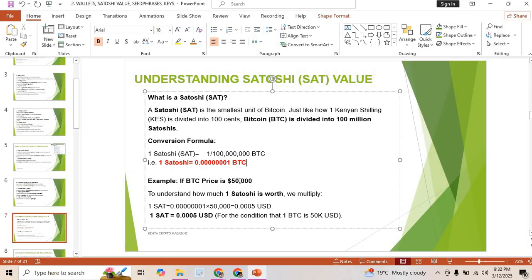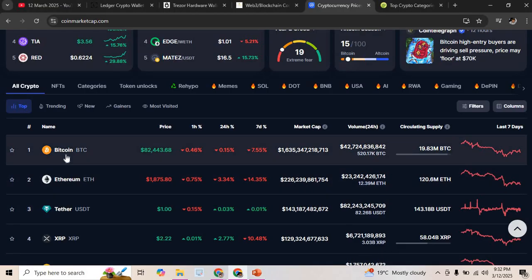If BTC price is 50,000, then what will be the price of 1 Satoshi? You take this value and multiply by the current price of BTC, which in this case is 50,000. So let's do a practical example and ask ourselves, if the current price of BTC is this, what will be the current price of 1 Satoshi?